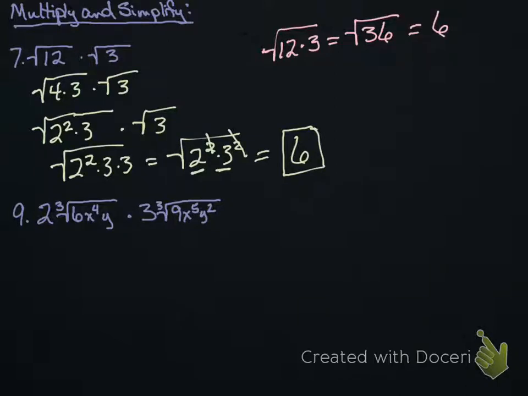So either way, whichever way makes it easier for you to see it. If you can see the 36 easier, do it. If you need to factor it down and see those steps a little bit closer, do it. Whichever is easier for you.